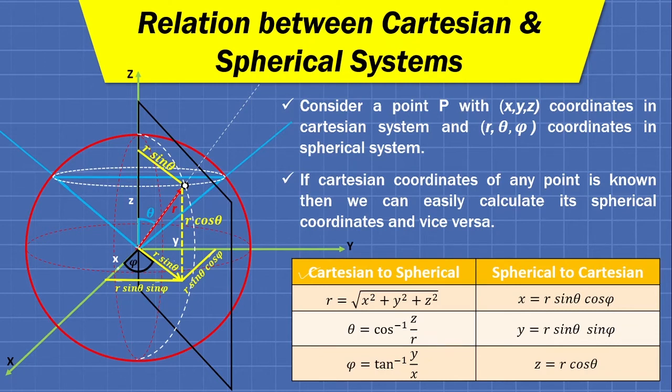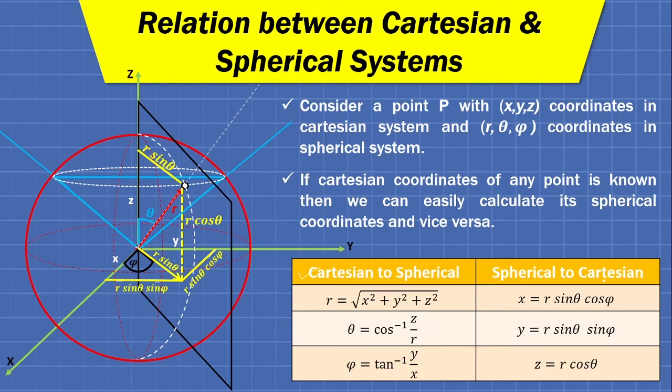And phi will be determined similarly as we have determined in cylindrical system. So we have considered this right angle triangle and defined tan phi, which is the ratio of opposite side to neighboring side. So tan phi is nothing but y by x, and phi hence will become tan inverse y by x.